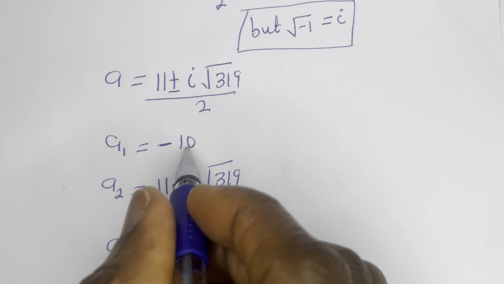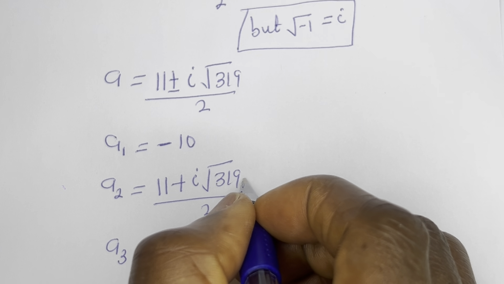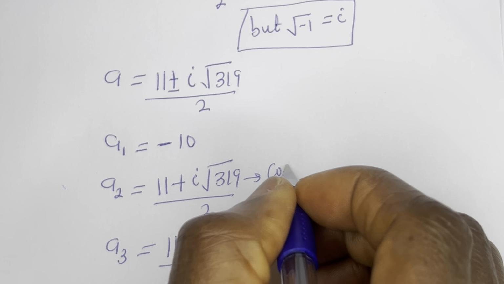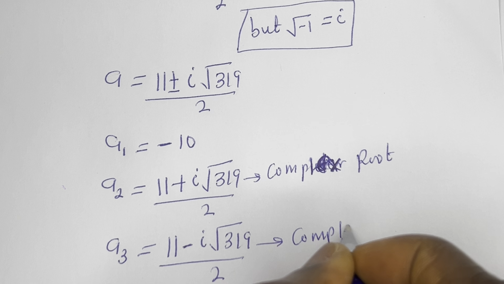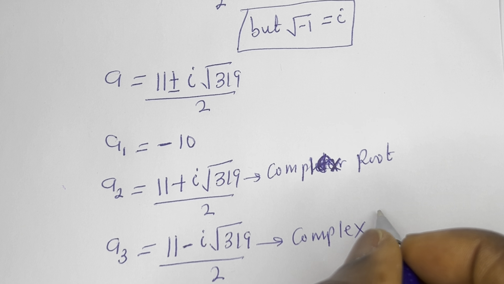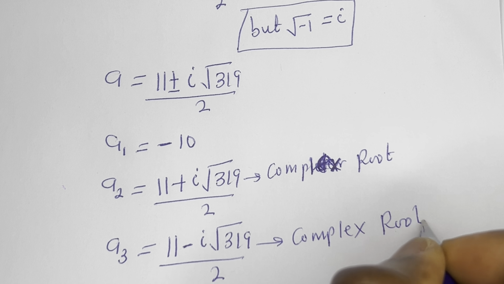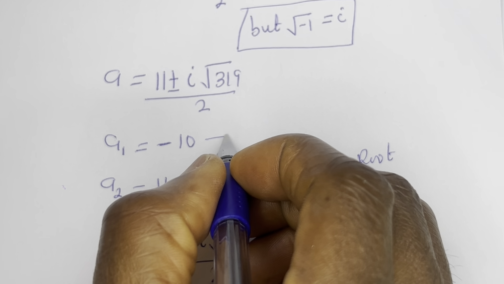Here we have one real solution. Then this is a complex root. This is another complex root. Then here we have the real root.